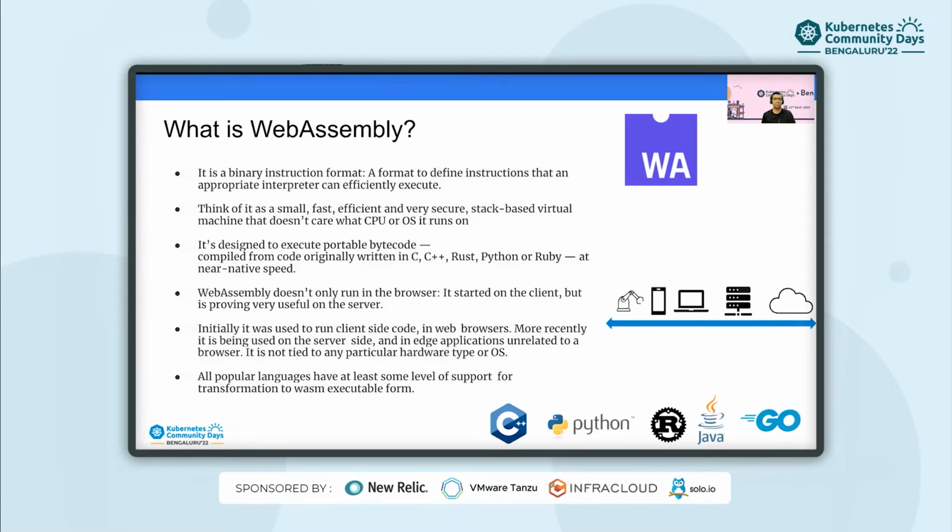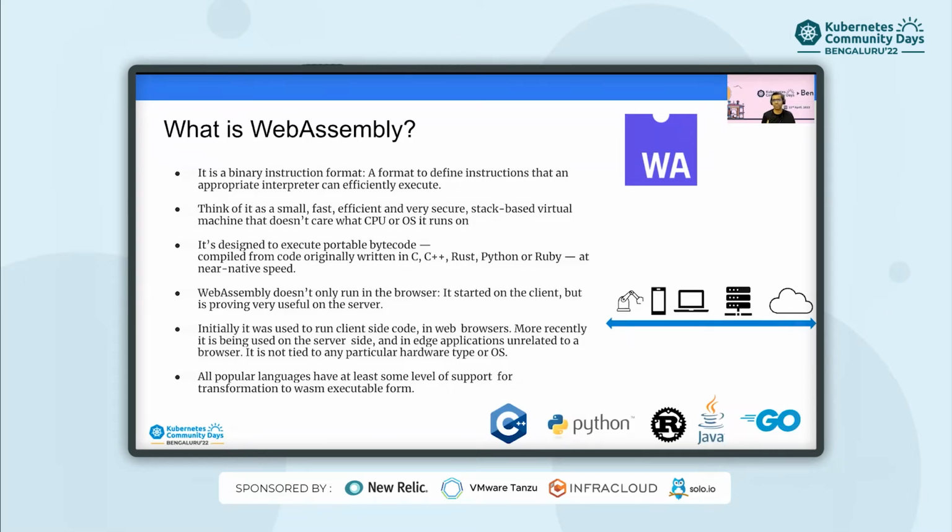Essentially, it is designed to execute portable bytecode, which is compiled from languages such as C, C++, Rust, Python, and runs at near native speed because it directly interacts with the OS or the system itself. Originally, it was designed to work with web browsers.